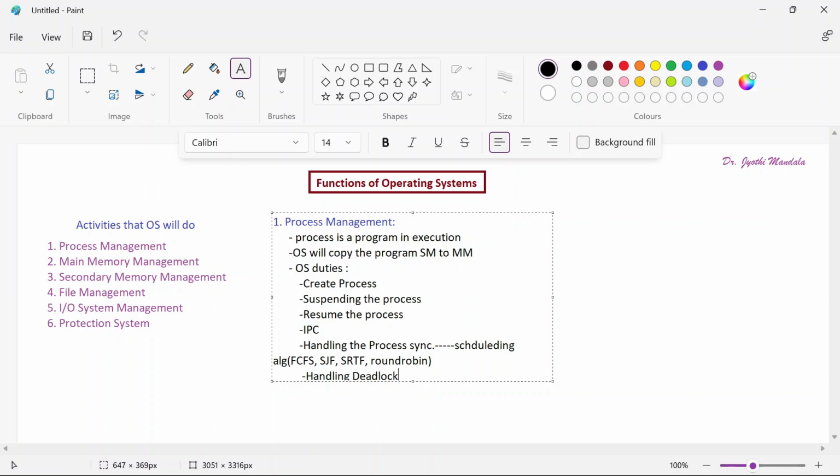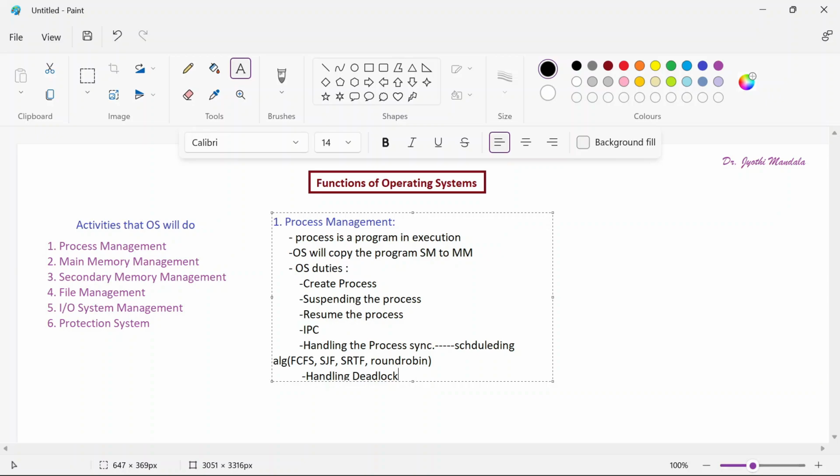Now P1 wants the resources that are held by P2, and P2 wants the resources that are held by P1. Until P1 releases, P2 cannot proceed further, and until P2 releases, P1 cannot proceed further. Now both are in a wait state, both are not using the CPU, and both tasks are not completed. Such a situation is called a deadlock. They are locked together. How such an issue can be resolved, and how the operating system resolves it, we are going to learn in future.